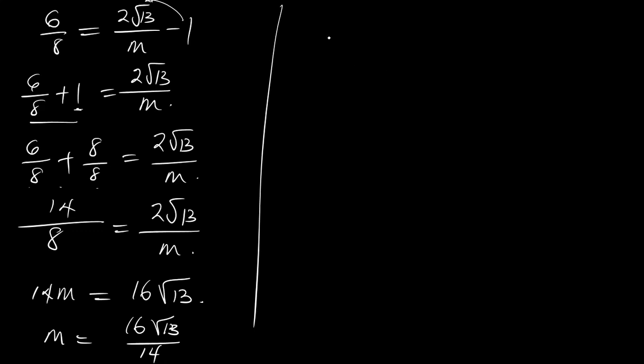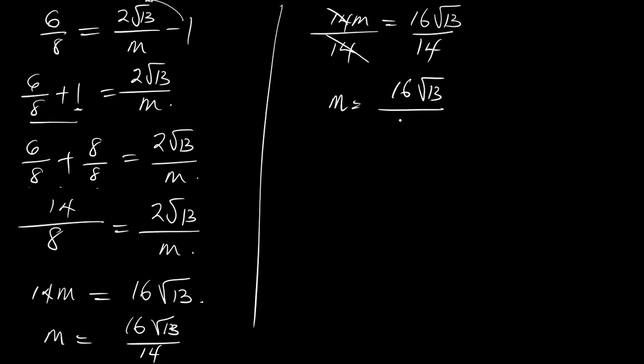Let me simplify it further. Let me say 14m is equal to 16 root 13. Now divide all through by 14. This will cancel out. You have m equal to 16 root 13 all over 14.